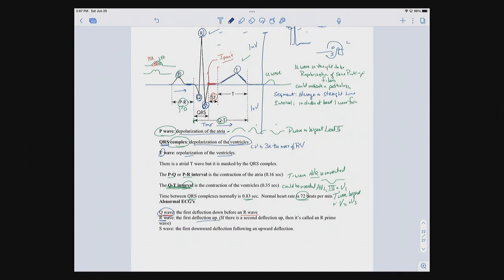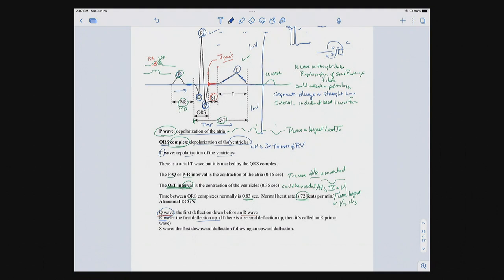Now you may say, why didn't you say following the Q wave? Well, because in a number of leads, you may or may not have a Q wave. You may have a P wave, it returns to baseline, and then just goes up. So the R wave may or may not follow a Q wave.